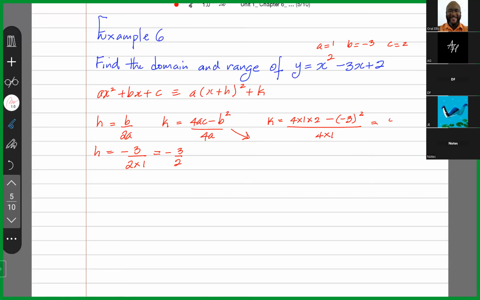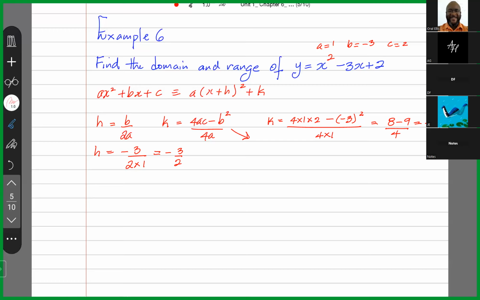So this is 8 minus 9 over 4. K would be equal to minus a quarter. So h is minus 3 over 2, and k is minus a quarter.